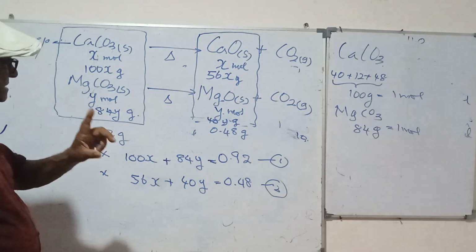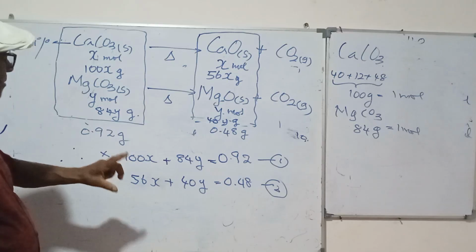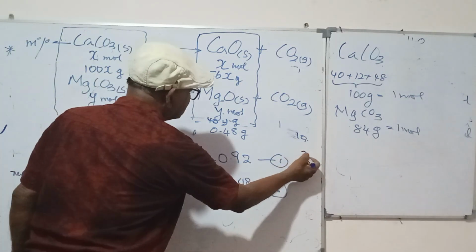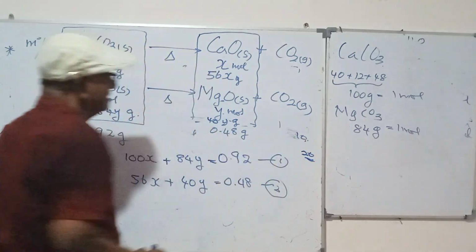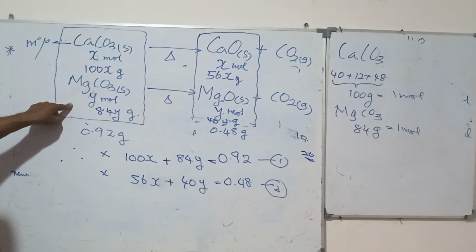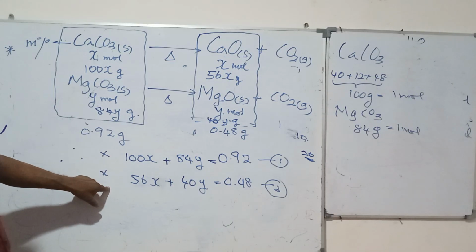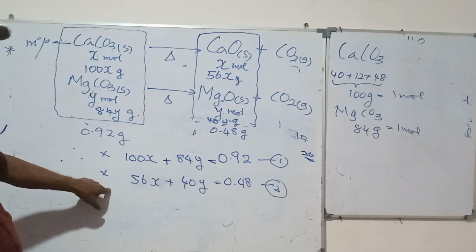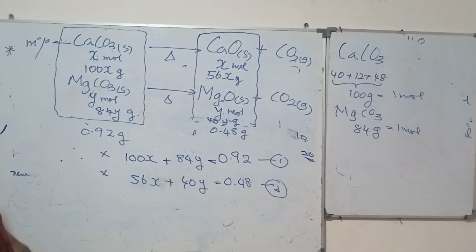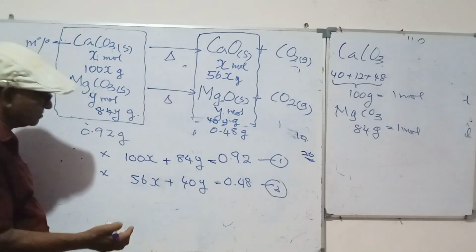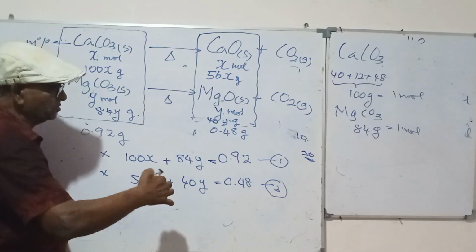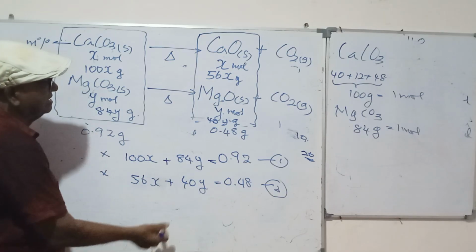Now, out of the 30 marks, you have obtained 20 marks for the balanced equations and for the given two relations. Then the other 10 you can obtain after the calculation. So it is clear that you have the ability to solve these two problems.